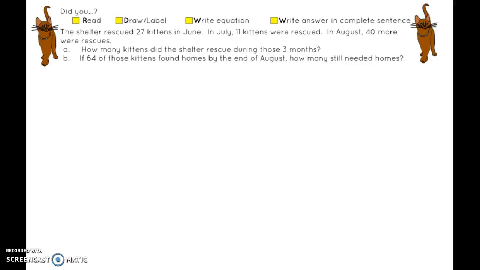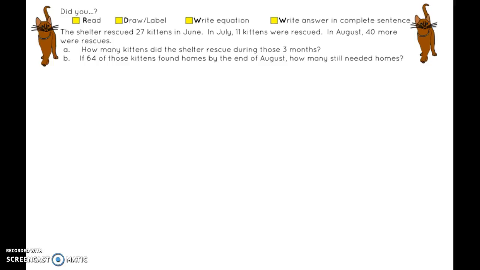Now let's take a look at today's problem. To solve our problem, we're going to use the RDW strategy. With the RDW strategy, we first need to read the problem through one time and try to visualize it. After we've read through the problem one time, we go back and circle any numbers that we find and then underline what the problem wants us to solve for.